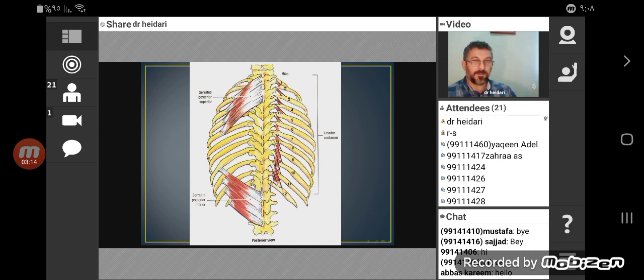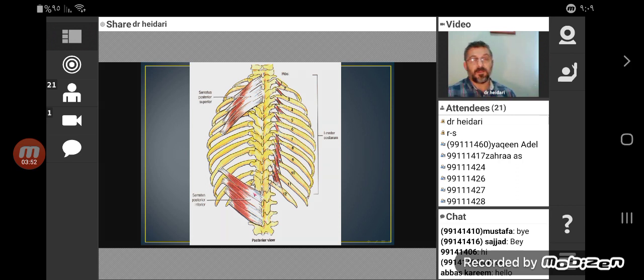But in this picture, you can see it attaches to ribs 9 to 12, that is 9, 10, 11, and 12. This muscle is the depressor of the ribs.